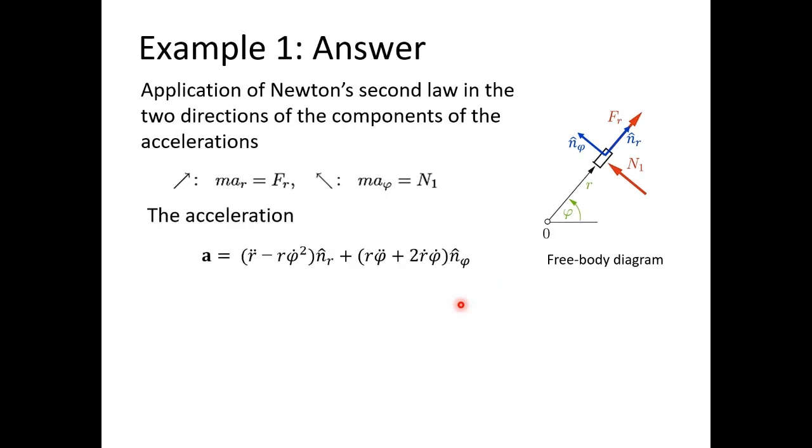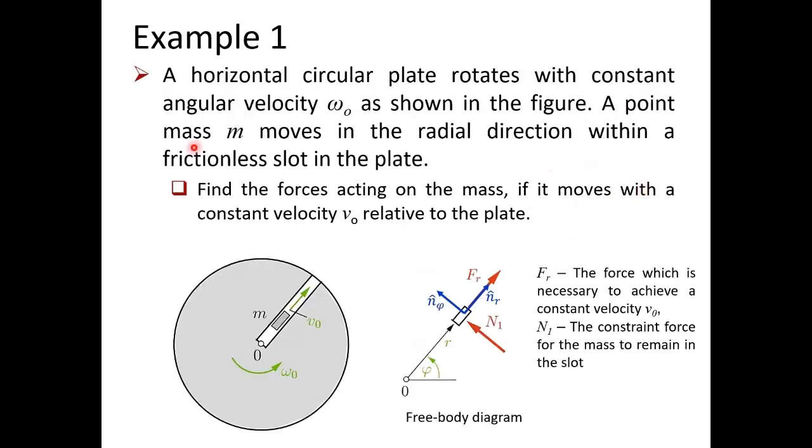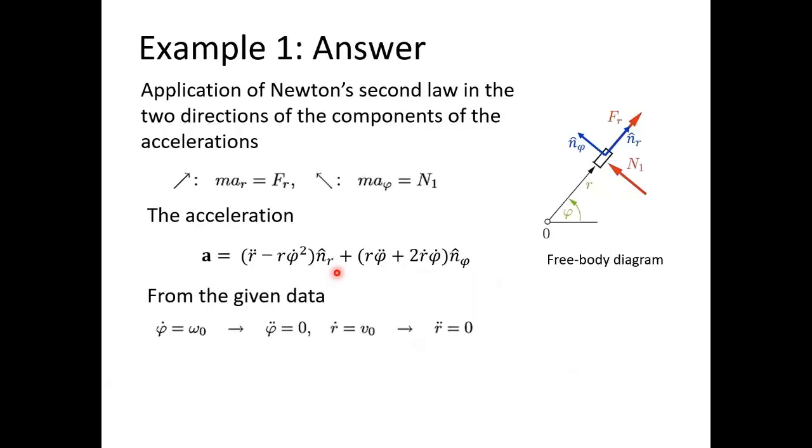And the acceleration in general terms, we know that we obtain this equation, and because this is a problem where the value of r is not constant, it's not going in a circular path, even though it is a circular plate. Even though the plate is circular, the object's path is not circular because r is changing.